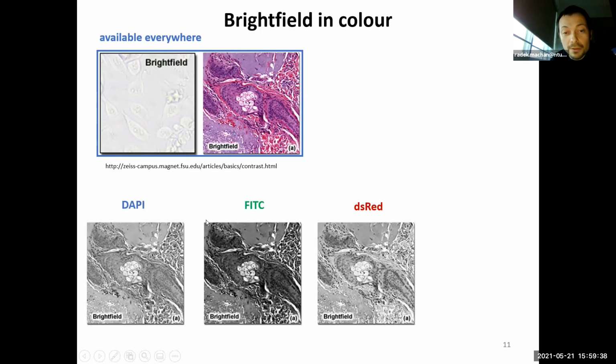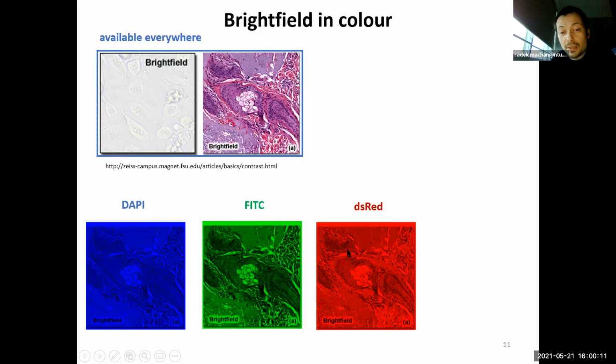If you have a microscope which is meant for fluorescence, it will have different fluorescence filter sets. Normally you take a bright field image without any filters, but you can also take a bright field image with different filter sets. So you take one with a filter set which transmits in blue, let's say a DAPI filter set, one with a green filter set, one with a red filter set.